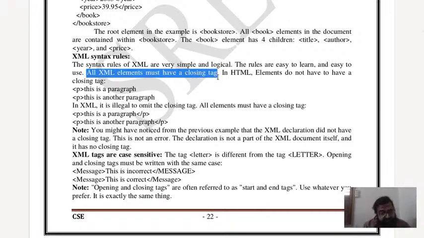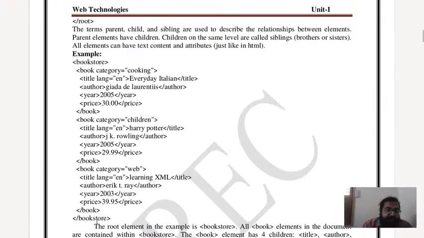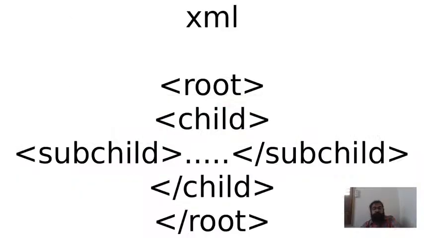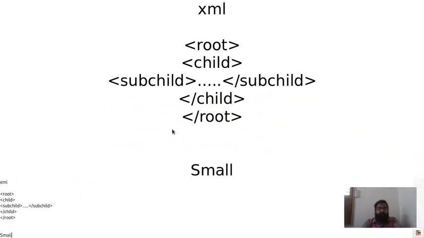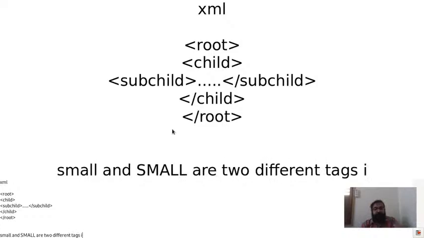All the elements in XML should have a closing tag: bookstore slash bookstore, book slash book, price slash price, year slash year, author slash author, title slash title. And XML tags are case sensitive. You cannot treat uppercase and lowercase as the same, they are two different things in XML.